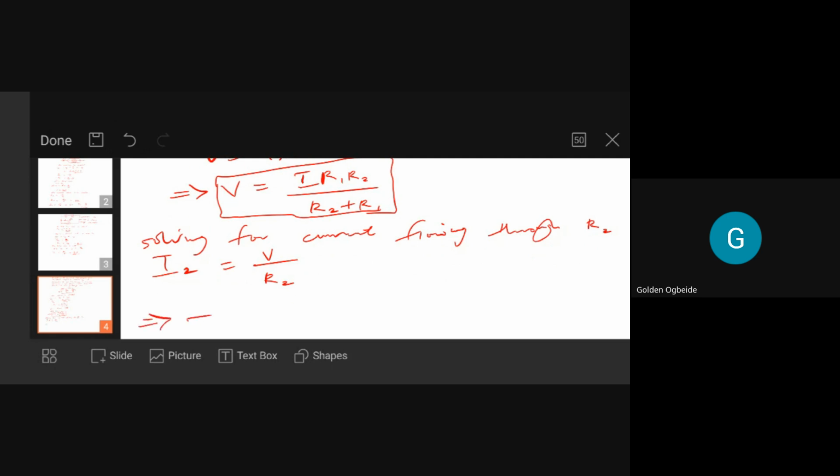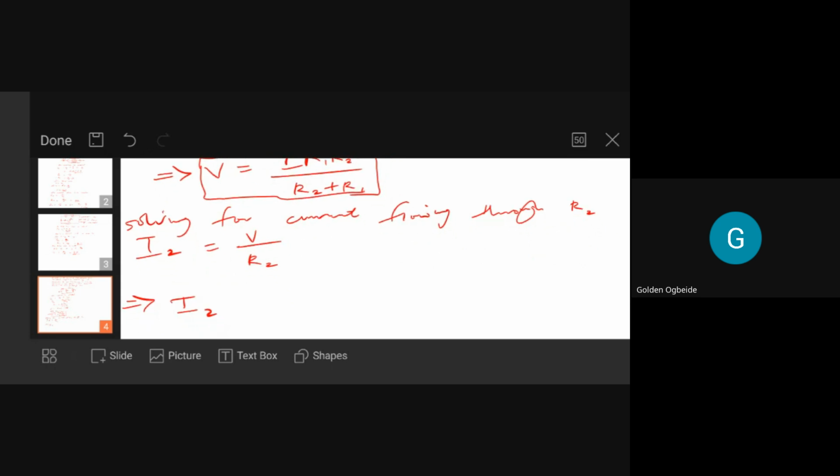This implies that the current in resistor 2, I2, becomes V, which is simply I R1 R2 divided by R2 plus R1. So everything I have here is my V divided by R2. Remember, I2 is V over R2, so this is my V, divided by R2.